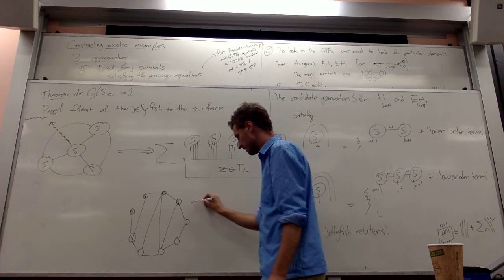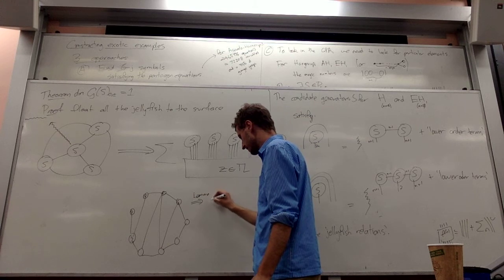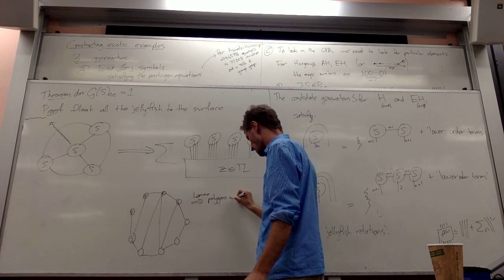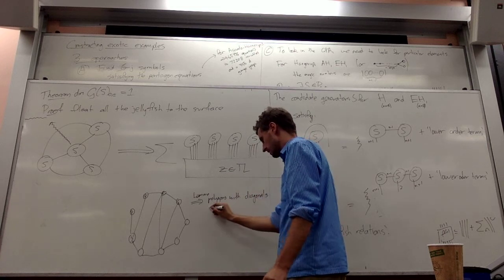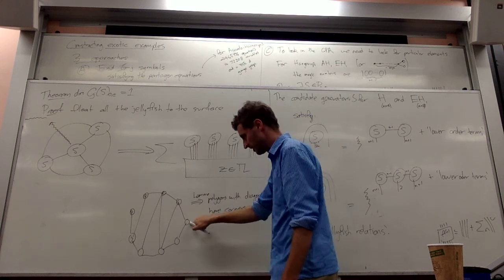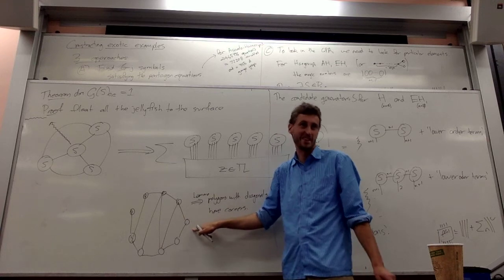And the little lemma is that polygons with diagonals have corners. That is, there's always some vertex of the polygon where there are no diagonals incident at that corner. Okay?